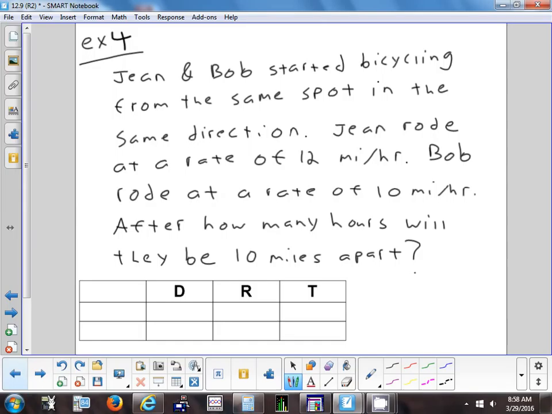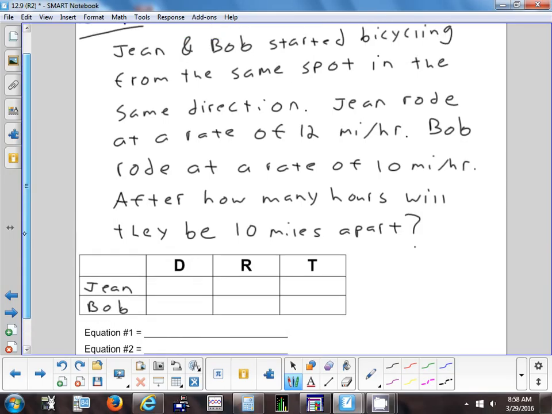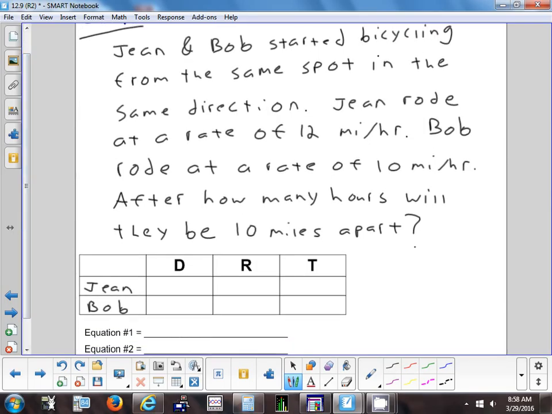All right, what are the 2 things in this problem? Yeah, I think the labels this time are pretty clear. Okay, put Gene and Bob. All right. Do I know Gene's speed? Does it say anywhere in the problem how fast Gene is going?